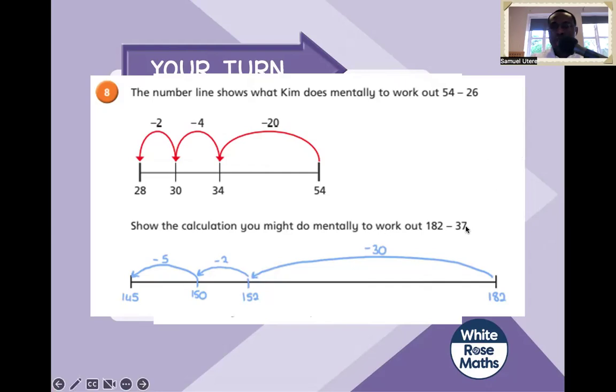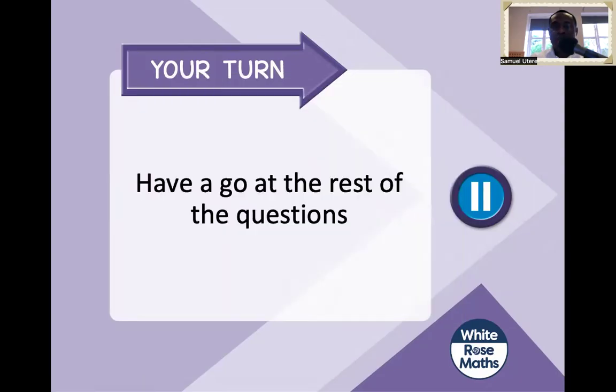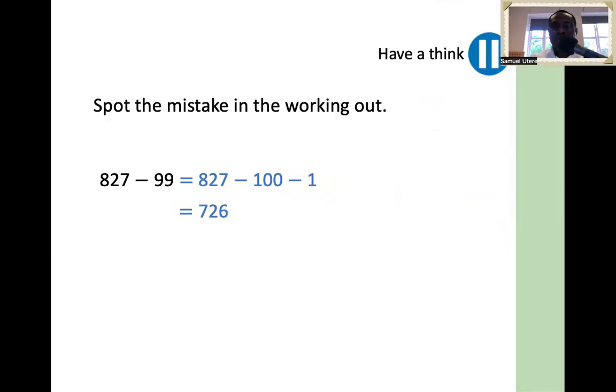So to show this calculation, you could have done it this way. All right. So notice how the subtraction is done, subtracting the tens, subtracting the hundreds, or the units, and so forth. It was the same method that was used in this example here. Okay, this one.